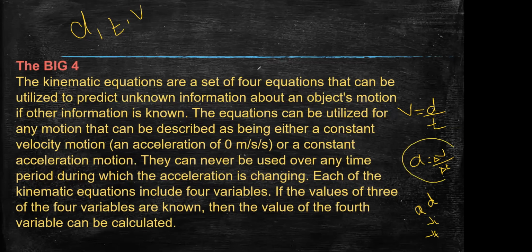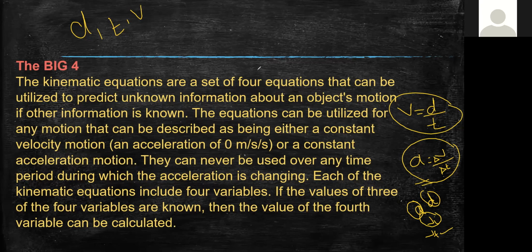Can you use the acceleration equation, or this one? If you have acceleration, displacement, V initial, and you ask about V final, can you use this one? We can use the second one.